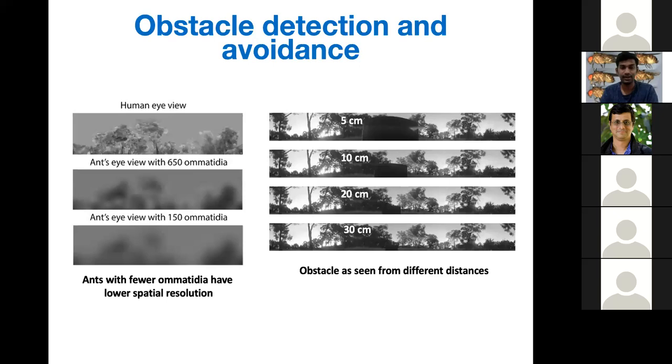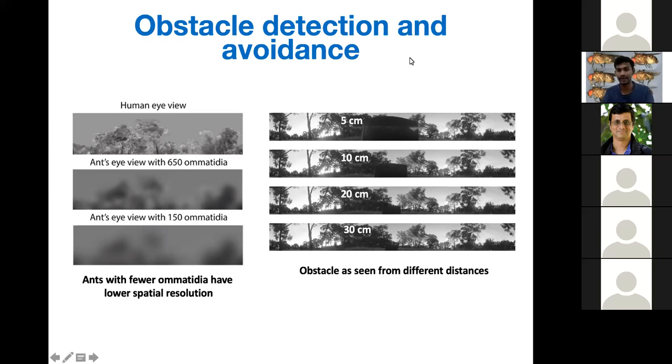Here on the left, you can see a panorama from the human eye point of view, and then a simulation of what an ant with different ommatidia sees of the same panorama. Because the smaller ants tend to have lower resolution and lower contrast sensitivity, we would expect that their ability to detect these obstacles in their path would also be affected.